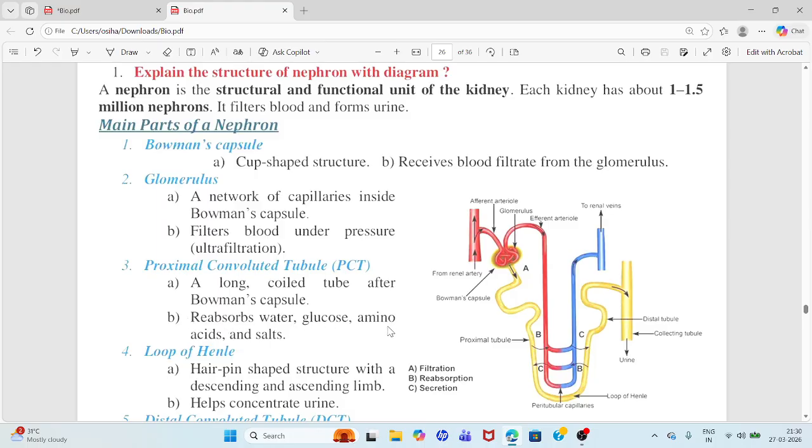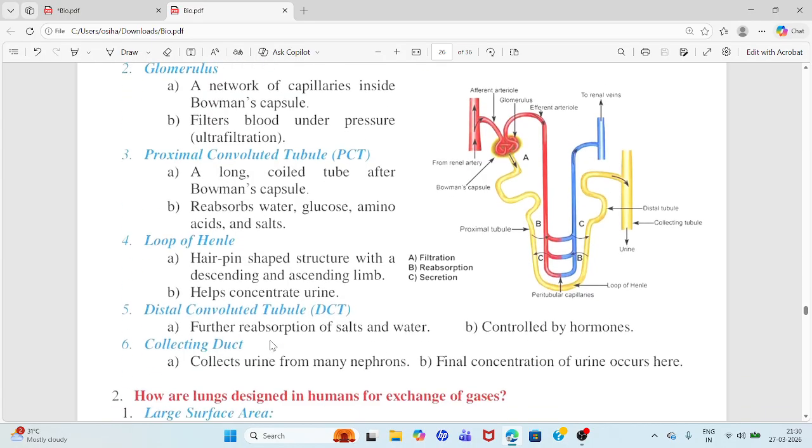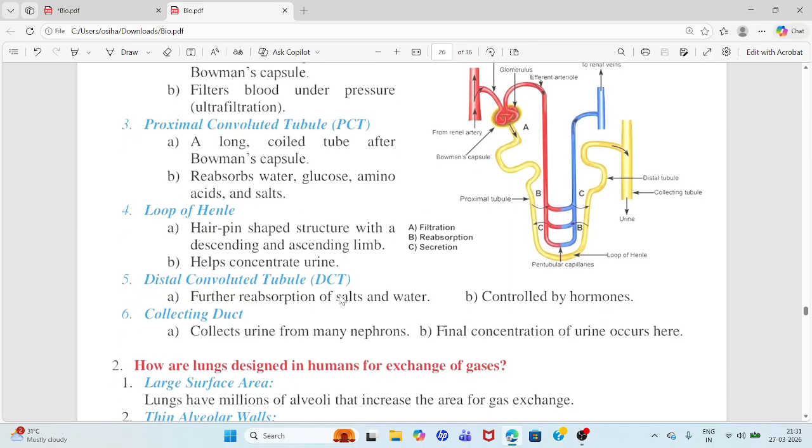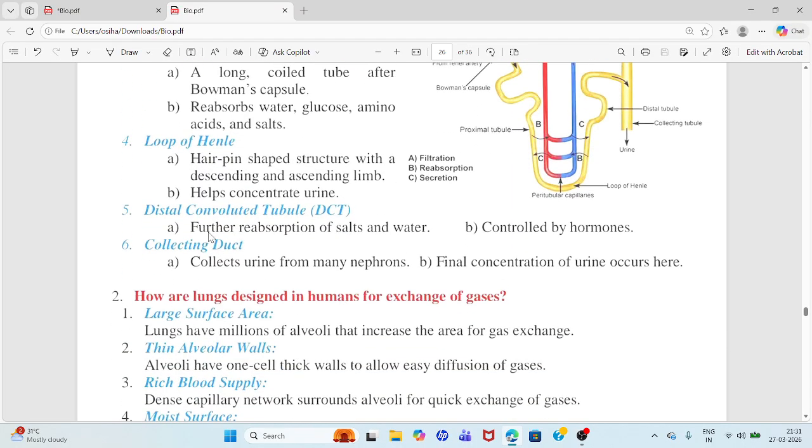It reabsorbs water, glucose, amino acids, and salts. Fourth part, loop of Henle: a hairpin-shaped structure with a descending and ascending limb. It helps concentrate urine. So, in short: filtration, reabsorption, secretion.